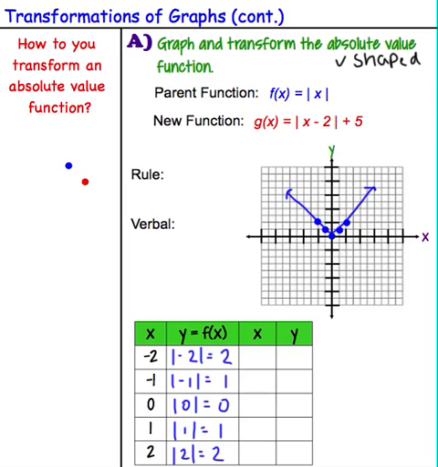So looking at our example here, we have a plus 5. So I know that I am going to have a vertical shift up 5.